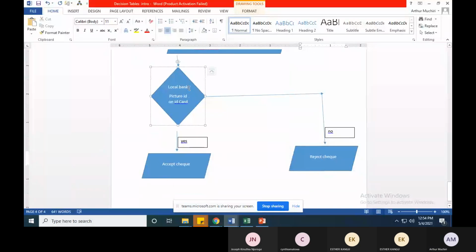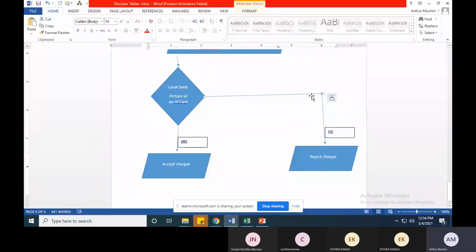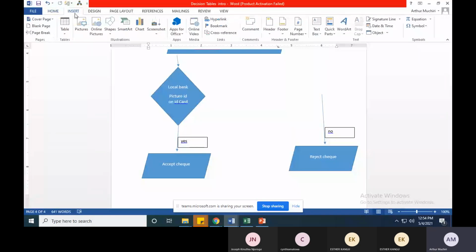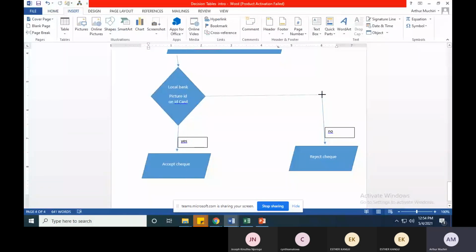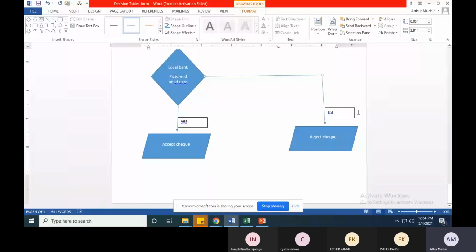So it will only accept your check when you are from the local bank and only when your identification card has a picture ID. Any other, it will automatically reject. So that is the flowchart to represent our program. Those are the actions: accept, reject. Then of course now the last thing is to join this flowchart and to end it.